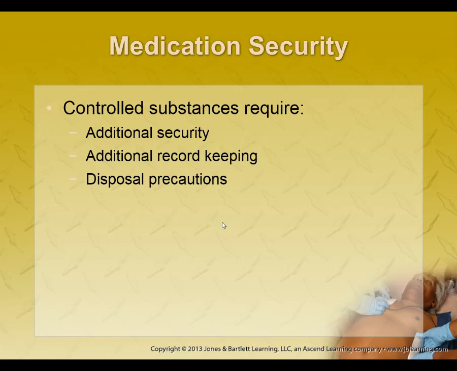If for some reason it goes out of date or the bottle gets cracked, on a multi-dose vial, the doctor and another person have to acknowledge and document that it's been disposed of. Like in the hospital when I worked in the emergency room, and I would give morphine, it came in a 1 milligram or a 10 milligram vial.